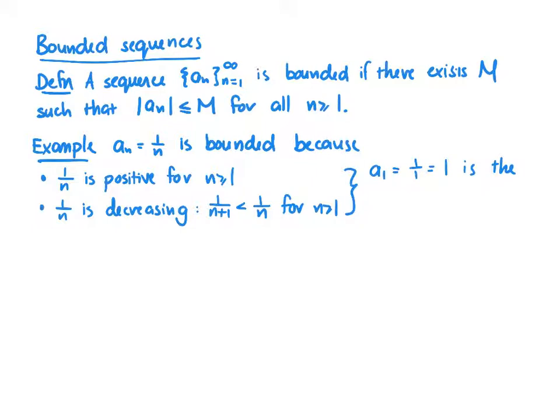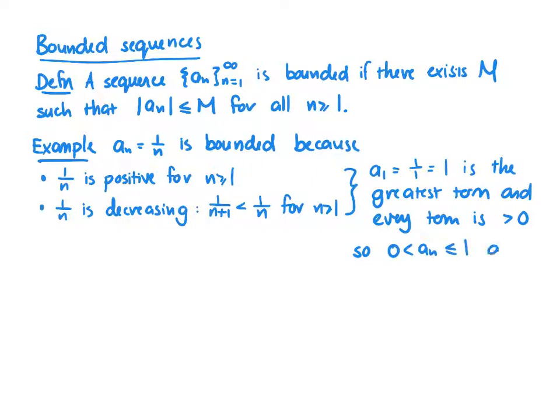That's what the decreasing part tells us. And every term is greater than 0. That means the absolute value of every term in the sequence is at most 1. So that's our capital M right there.